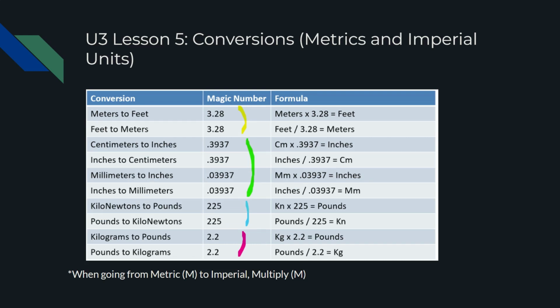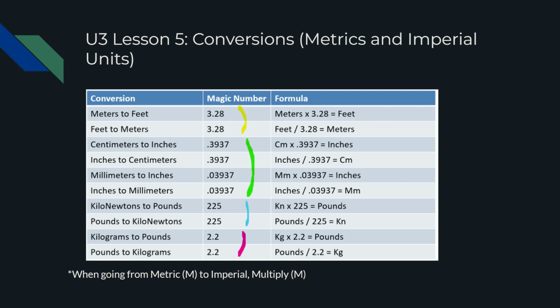And final lesson would be conversions, metrics, and imperial units. So there's only 4 numbers you got to really memorize here. When it comes to meters, feet, or feet to meters, we're going to try to memorize the magic number, which is 3.28. And centimeters to inches or inches to centimeters, you're going to memorize 0.3937.